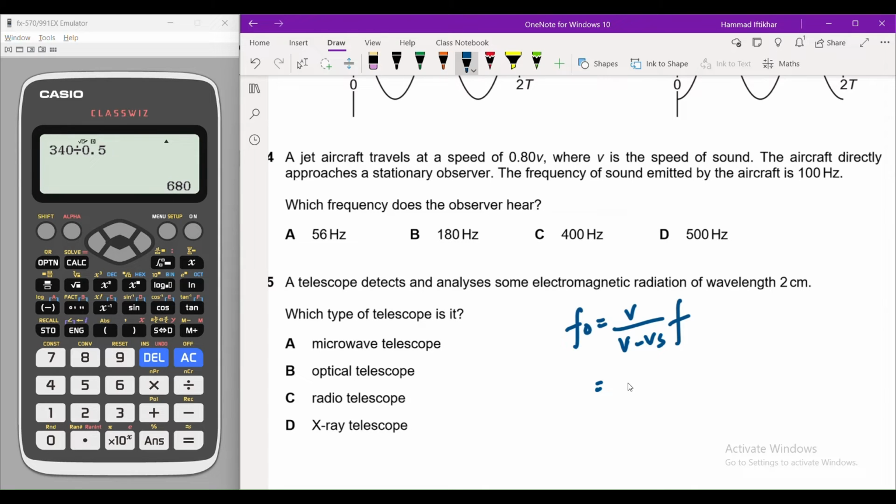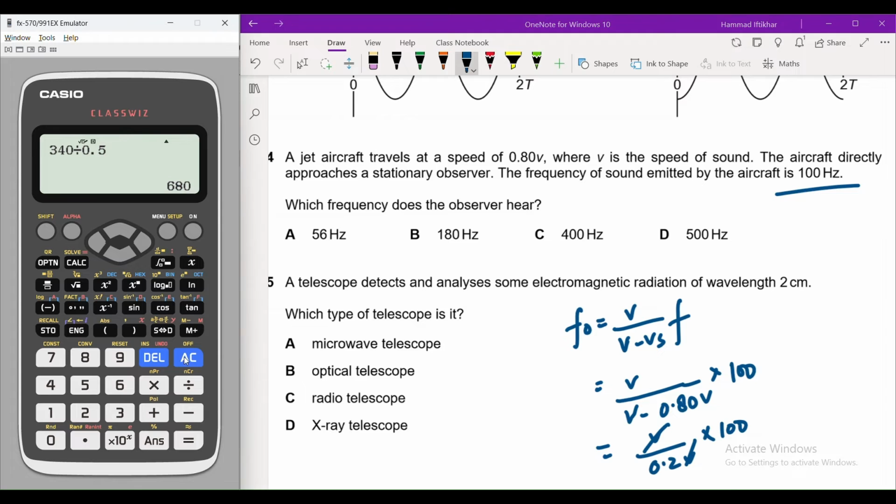So v over v minus 0.80v times 100 hertz. This is basically v divided by 0.2v, v cancelled. So 100 divided by 0.2, that is 500.